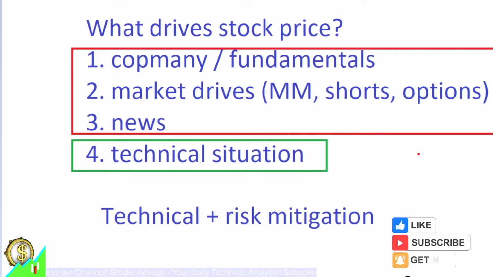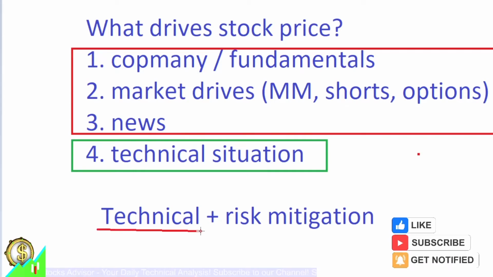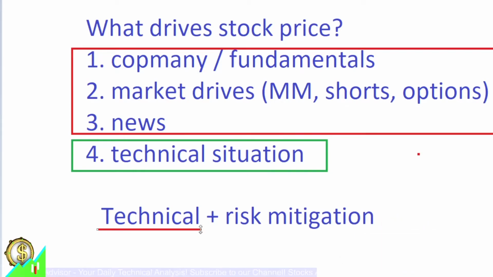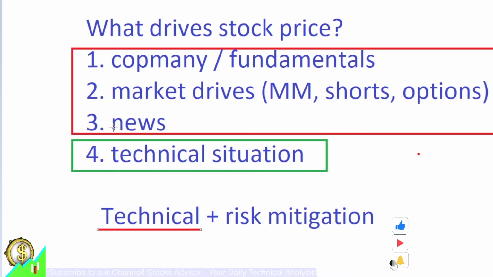We pick up the stocks that are currently in a technically driven situation, so their price is dictated by technicals. But we also discuss in our videos how to solve the problem if the price suddenly moves to the area where it's driven by the first three drivers. That's what we do, the risk mitigation.